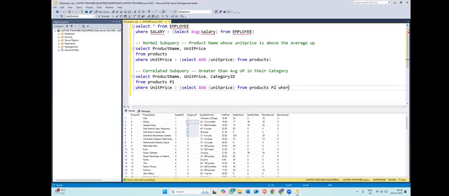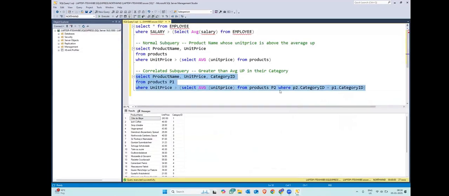So we will write where P2 dot category ID is equal to P1 dot category ID, right? So the inner table category ID, which is there to find the average, should be equal to the outer table category ID, which will select the name, unit price, and category. So what will happen? Let me run this query. We will get the answer.